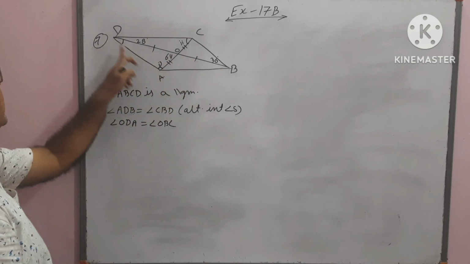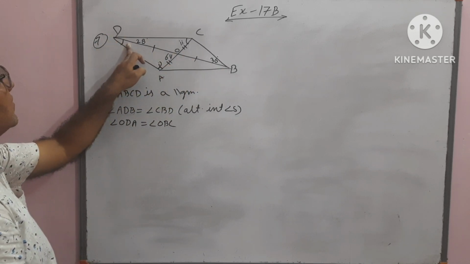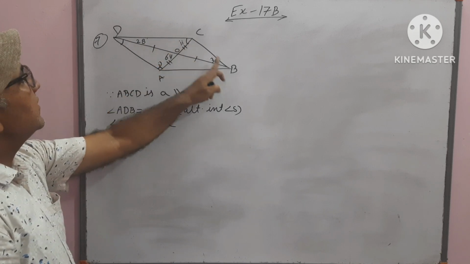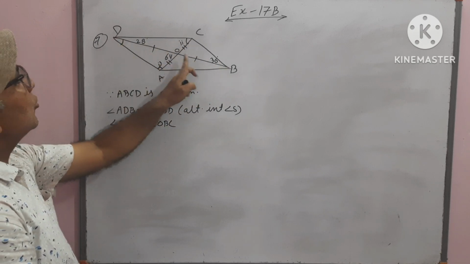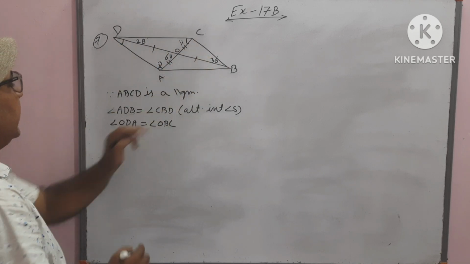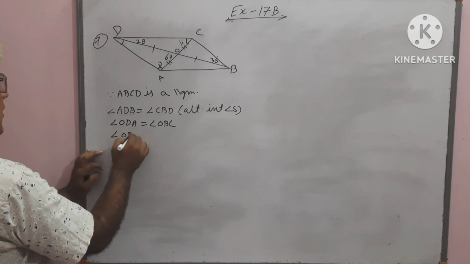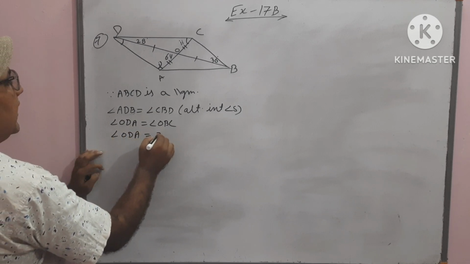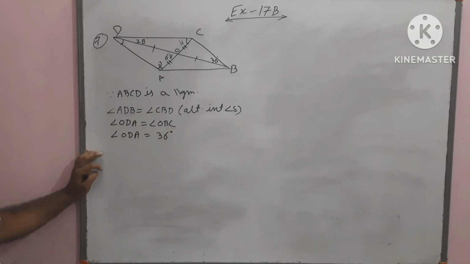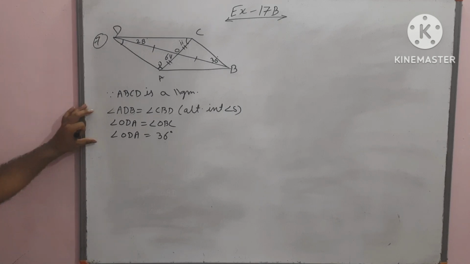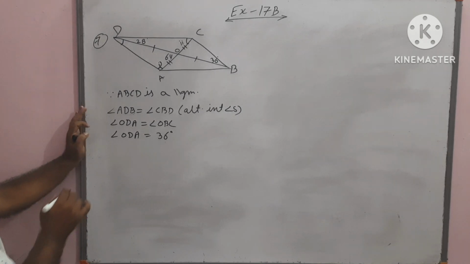ADB, otherwise ADO, both the angles are the same. Similarly, CBD, otherwise OBC, both are the same. So that means angle ODA is also 36 degrees. Is this clear? Must learn the property, then it will be easy.